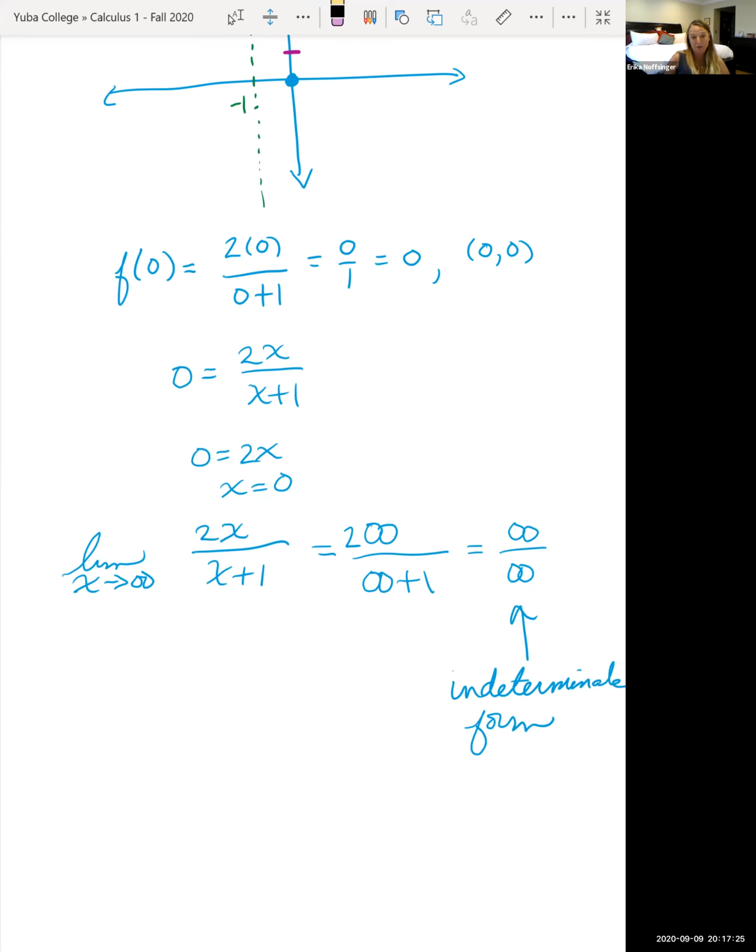The way to manipulate it when this happens is to look at the degree of the numerator and the degree of the denominator. Basically, we're going to multiply this rational function by a fancy 1 to manipulate it so it falls out.